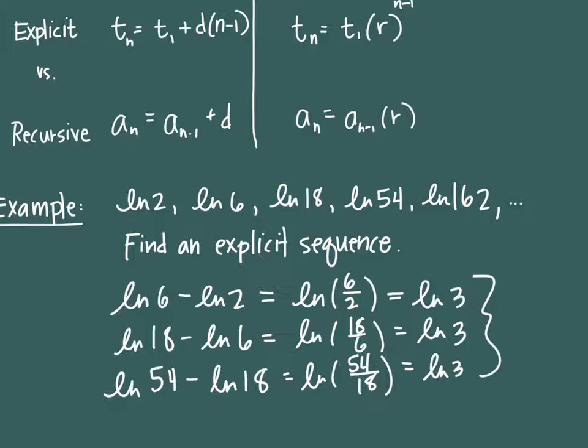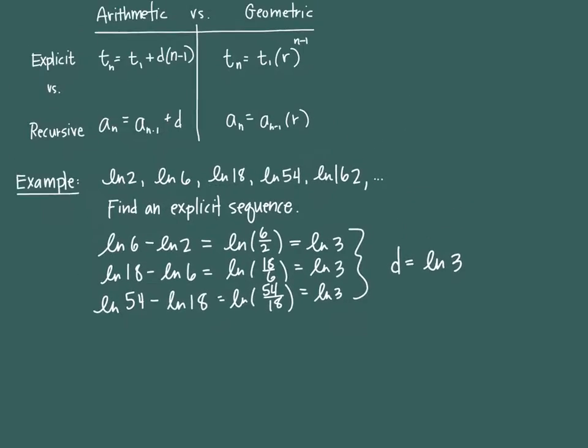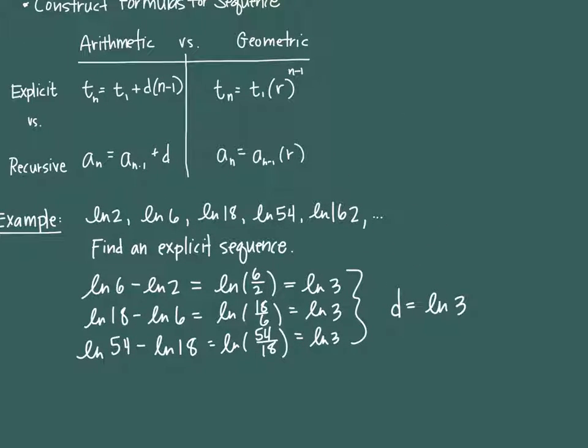So we conclude that d is the natural log of 3. So that is the common difference. And I asked you to write me an explicit sequence. So you go to explicit, which starts with t sub n equals t sub 1, which was natural log of 2, plus the difference, which is natural log of 3, times the quantity n minus 1.